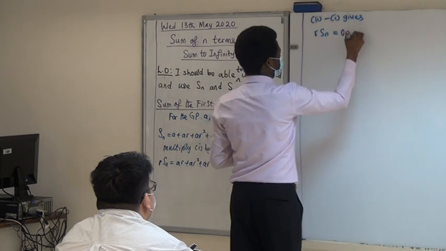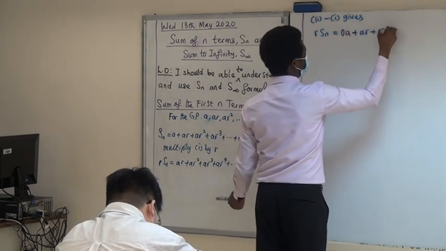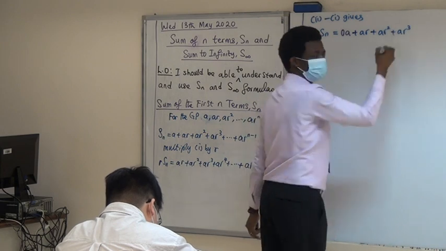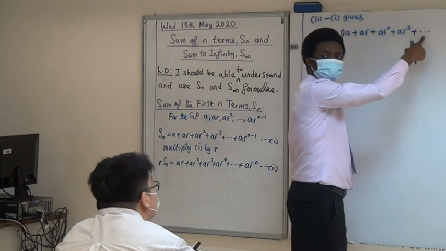The first one here is AR, followed by AR squared, followed by AR cubed. I don't need to write AR to the power 4, everything is within these three dots.